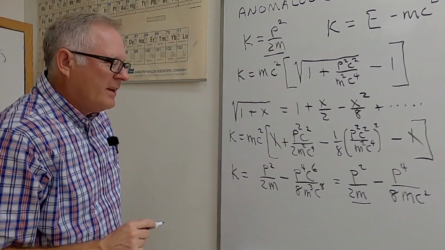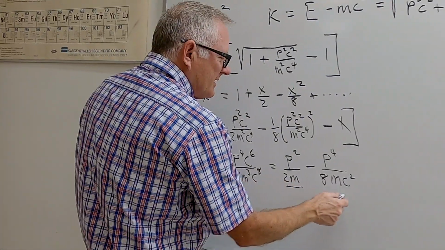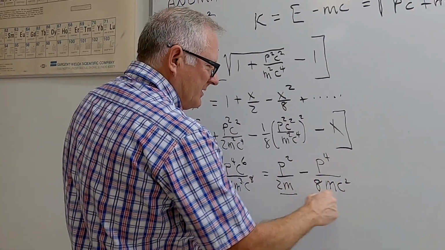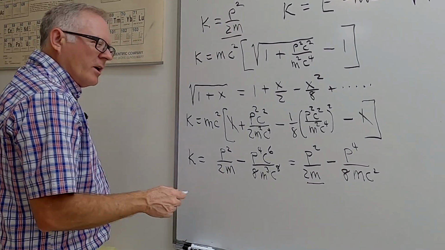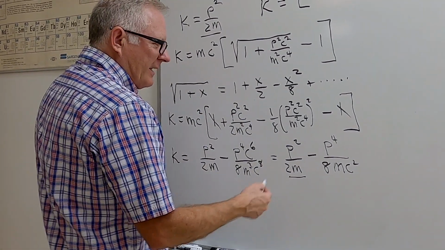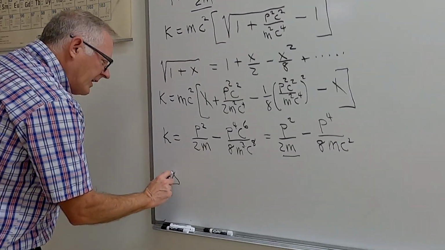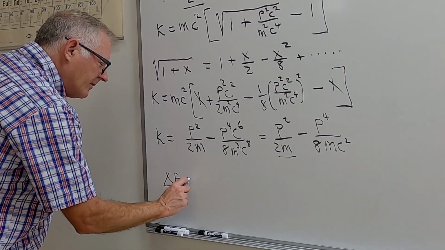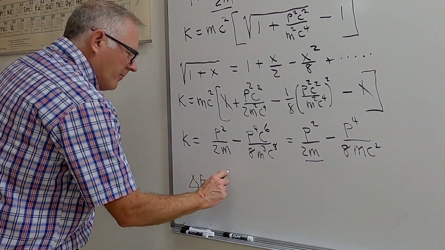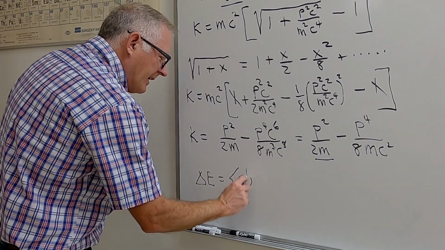Okay, so you'll notice what we had before was this right here. So now all we need to say is that there's a slight correction, which is this. If we want to say what's the correction for the energy just due to that term, the change in energy, what do we do?